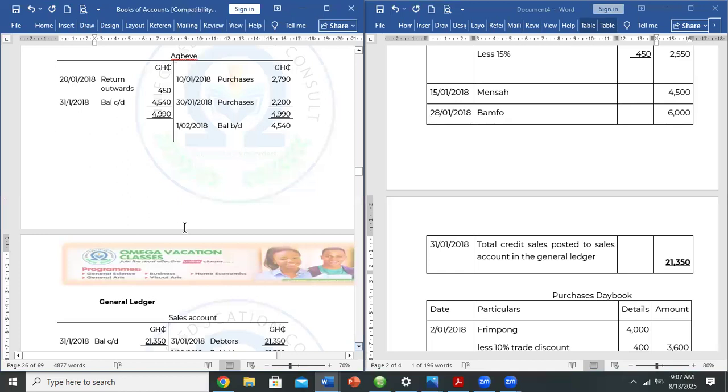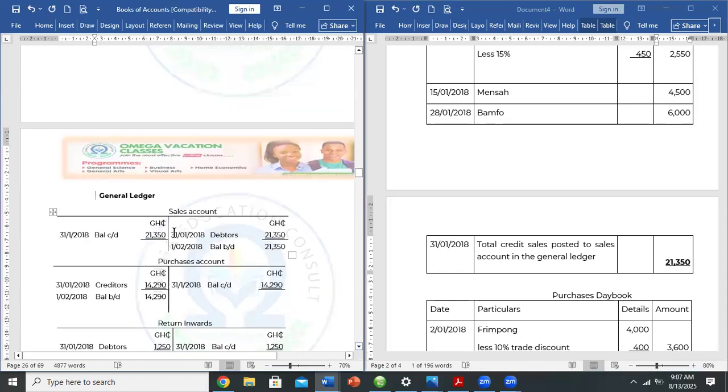What do you do to your sales account? You credit it, because when you sell goods, you credit your sales account. You use the date, which is 31st January 2018. The narration will be what? Debtors, because you sell on credit to your debtors, and you put your totals.